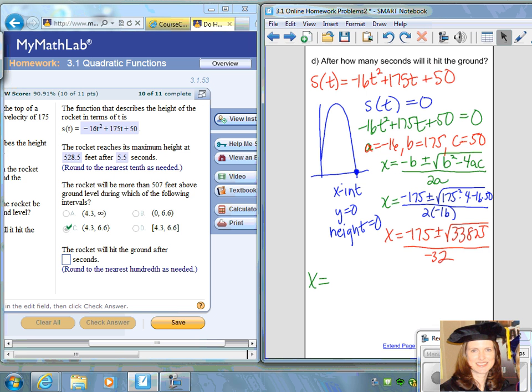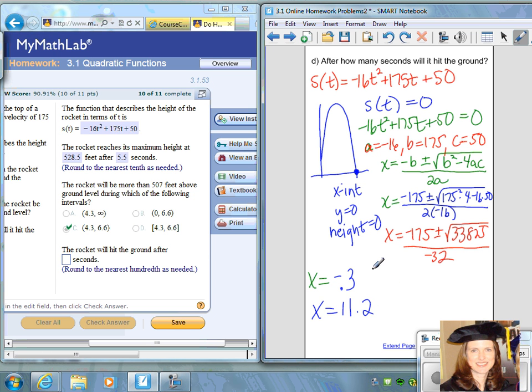When you evaluate this quadratic formula, where you do the negative 175 plus the square root, and you simplify that, the answer that you get is negative 0.278, or about negative 0.3. When you do this with the minus, you get the negative 175 minus the square root over negative 32, you get 11.2. Now, x in this case is really time.